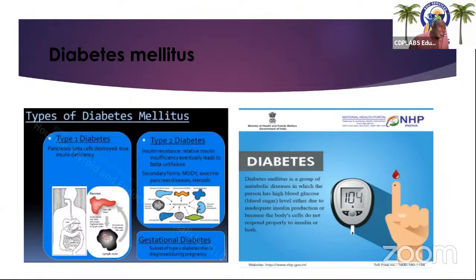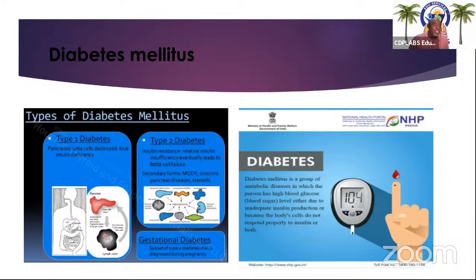She basically showed you that: it was producing insulin, but the cell would not accept it. Relative insulin deficiency eventually leads to beta cell failure. Secondary forms include pancreatic diseases, steroids, etc.